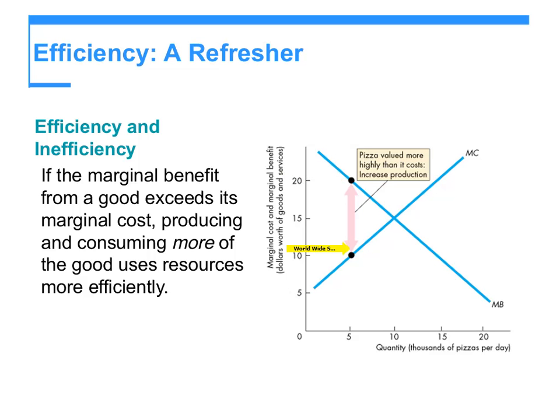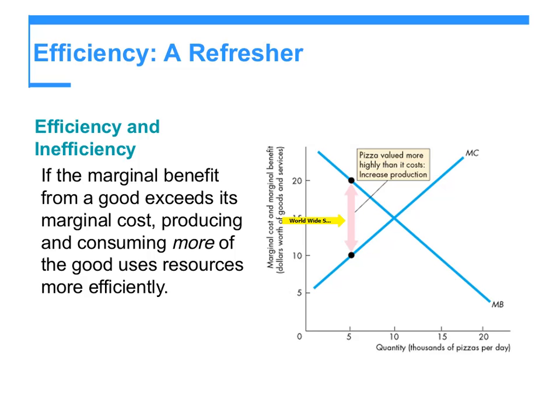So it's better to consume more to reach this point that we call the equilibrium. If marginal benefit of something surpasses the marginal cost, it's better to use that product more, consume more, to reach the equilibrium. The reason is simply that pizza is valued more highly than its cost, so increase production.